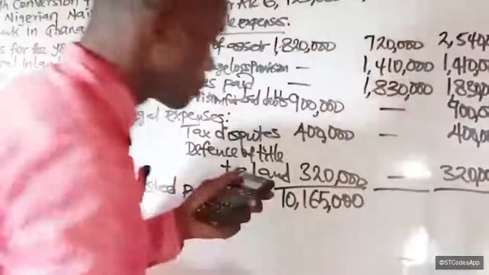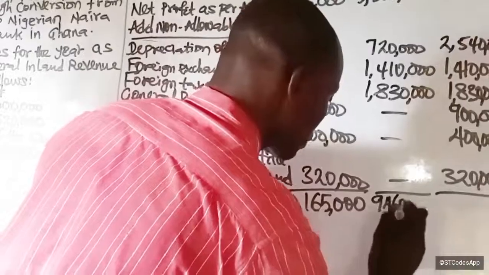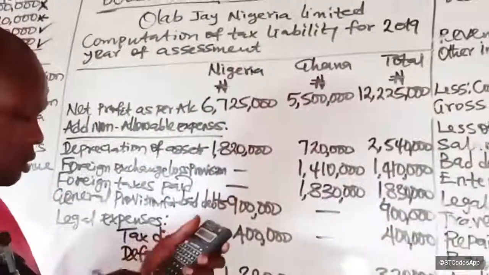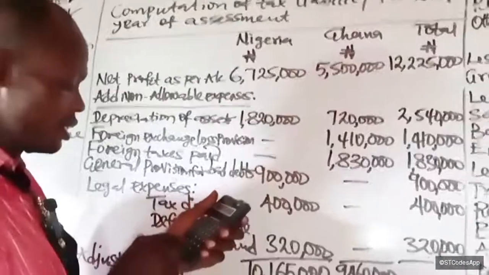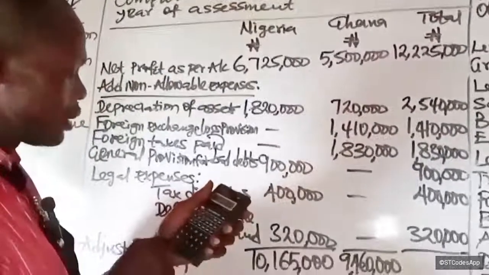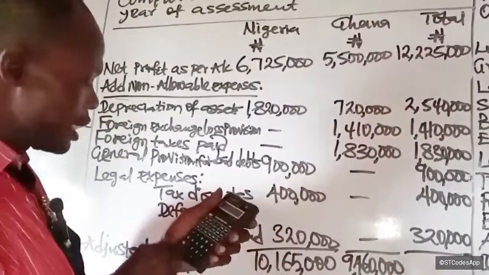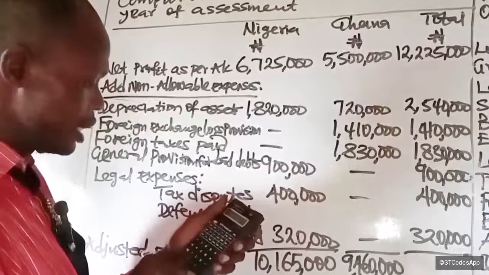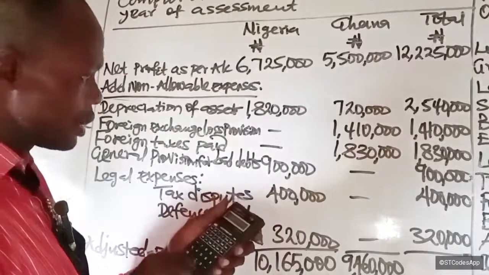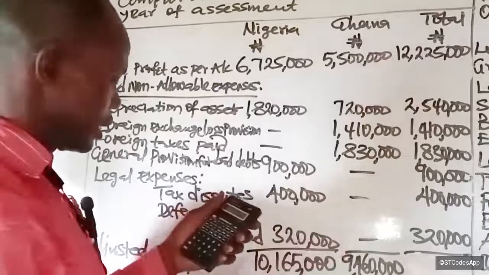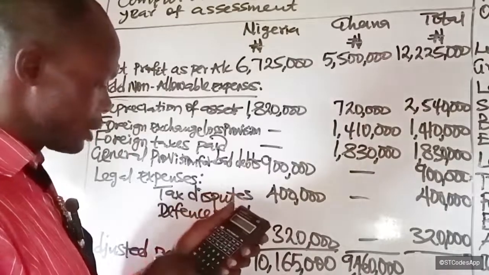So we have 9,460,000. Then for the total column, we have 12,225,000 plus 2,540,000 plus 1,410,000 plus 1,830,000 plus 900,000 plus 400,000 plus 320,000.